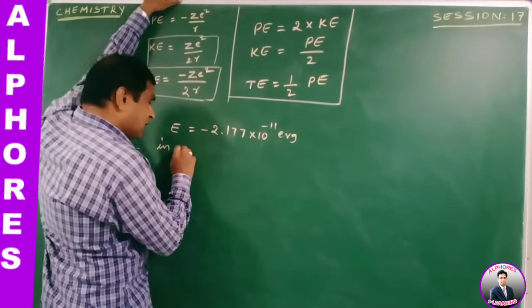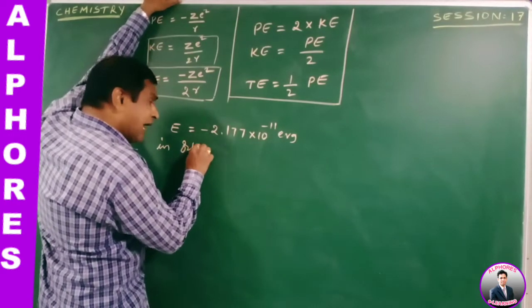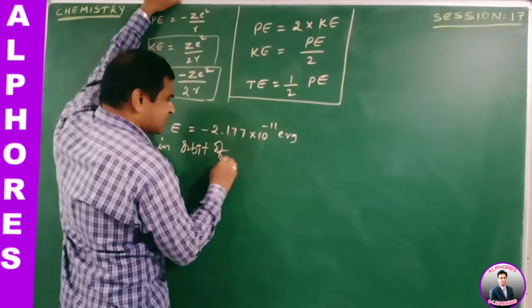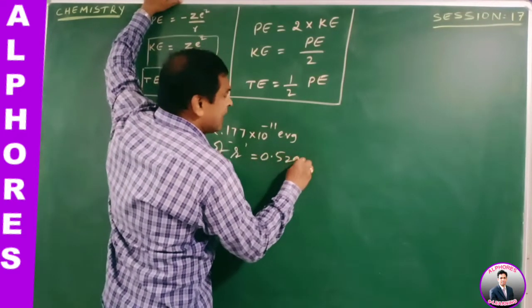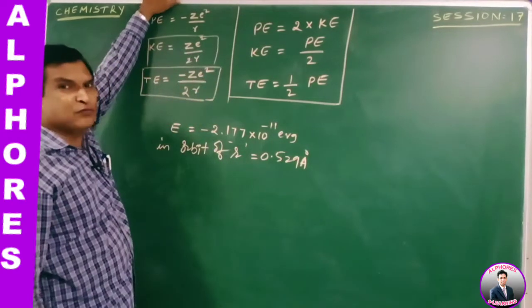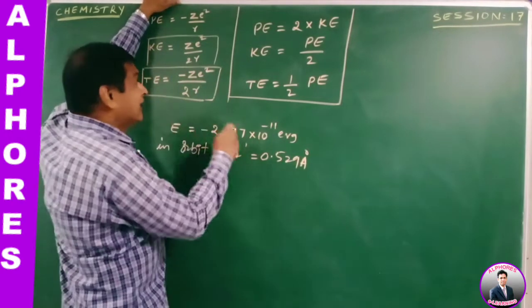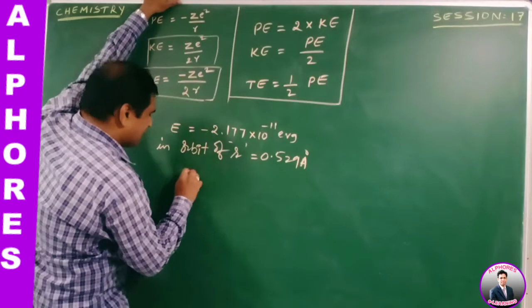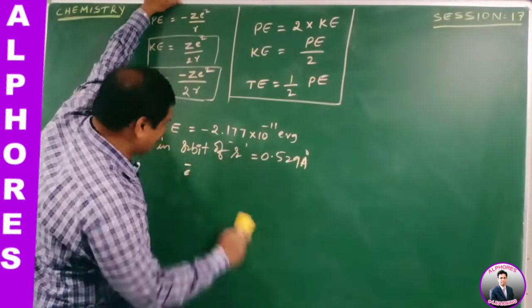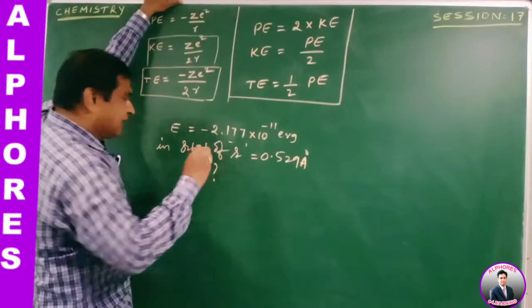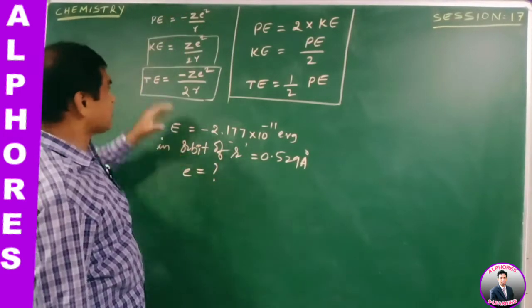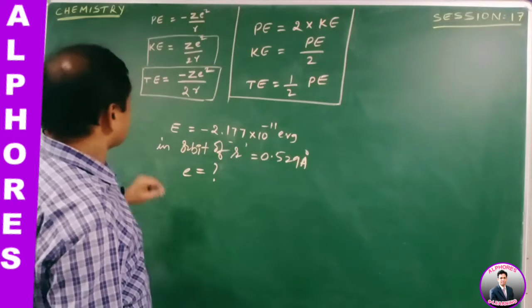So in an orbit of radius 0.529 angstroms, calculate the charge on the electron. That is E. That is what he is asking. What is the question we can make on this formula?